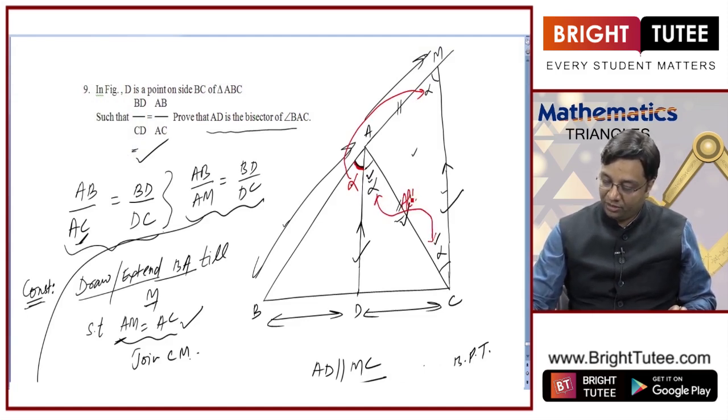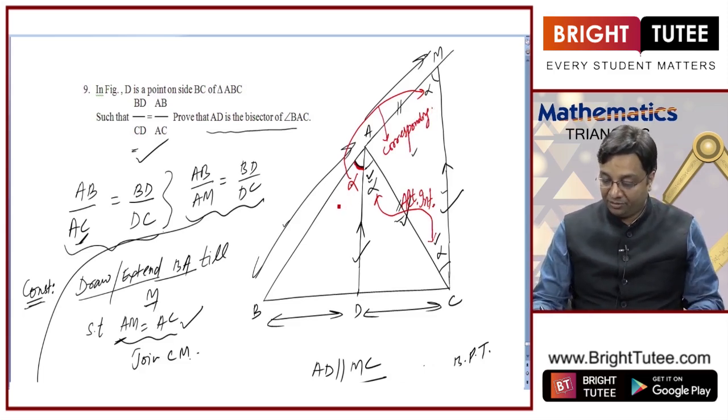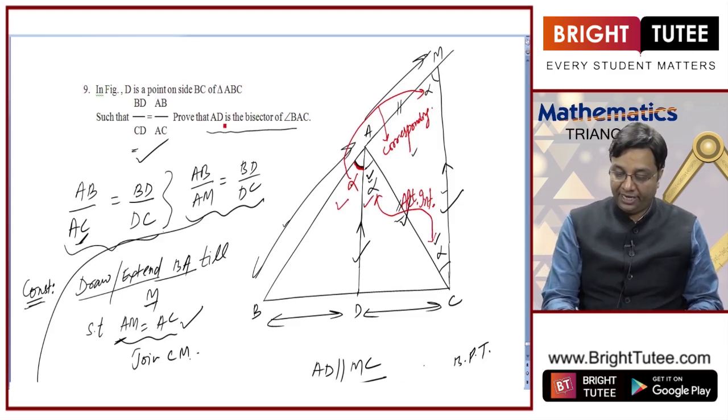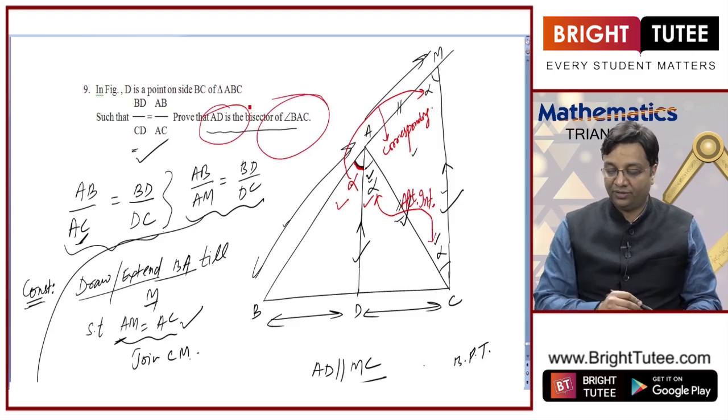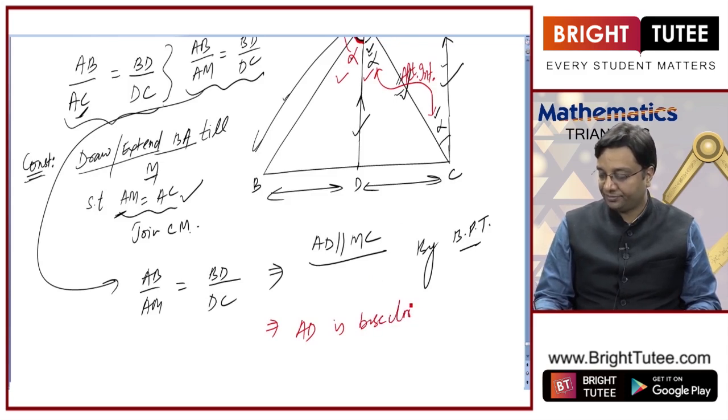So I am writing alt int here, alternate interior angles, and these two angles are corresponding angles, right? So I have just proved that this angle here is equal to this angle. So AD is bisector of angle BAC. Hence AD is bisector of angle BAC, right?